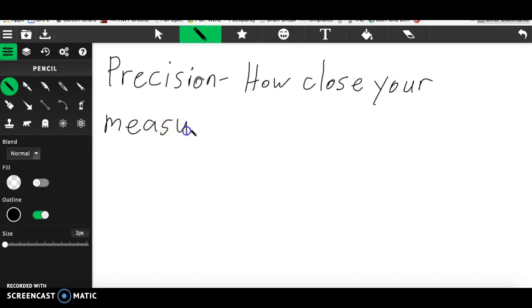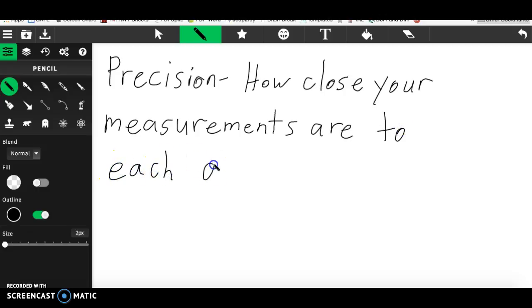So this one, we don't care how close they are to the correct value, we care how close they are to each other. And we'll use that same example we were just using with the 1 kilogram equals 1,000 grams. Each other is your keyword there.